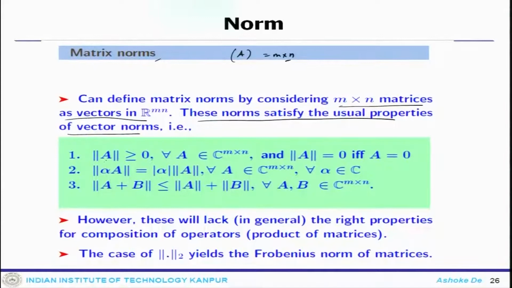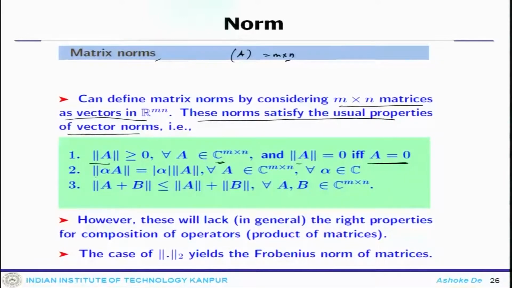For example, the magnitude of A must be greater than 0 for all nonzero A belonging to the space C^mn, and the magnitude of A would be 0 if and only if A is 0.